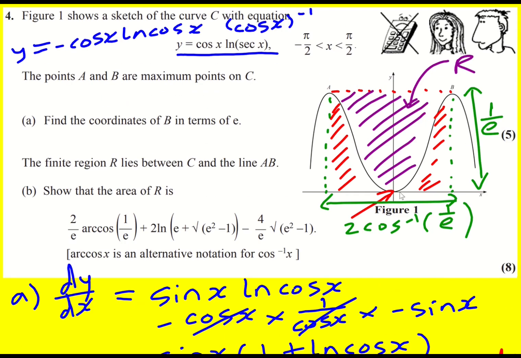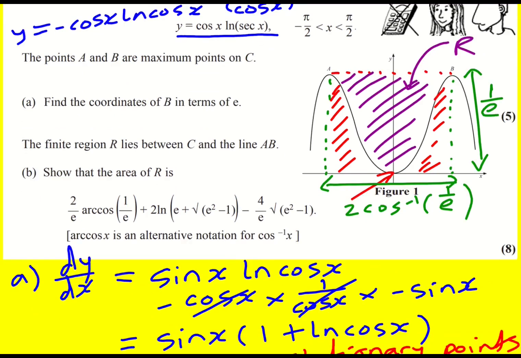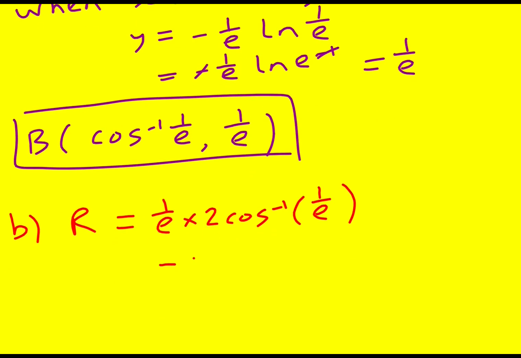We can just say it's going to be 2 lots of the integral of this. I'm going to stick with this function, I think, rather than the sec. 2 lots integrating from 0 to inverse cos 1 over e of minus cos x ln cos x.